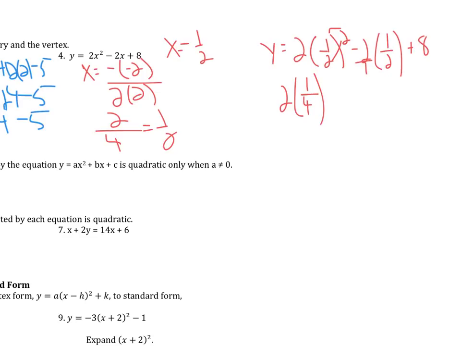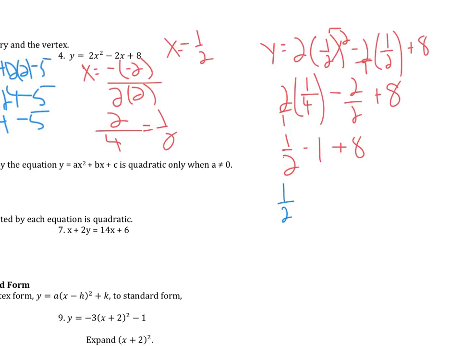Multiply straight across, and we get negative 2 over 2, and then plus 8. Multiply straight across, and you get 2 over 4, which then we reduce to 1/2. Negative 2 over 2 is just 1, and then we want to add 8. So from there, we're going to simplify, make all these denominators a 2, so we get 1/2.